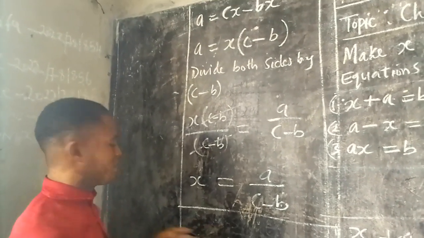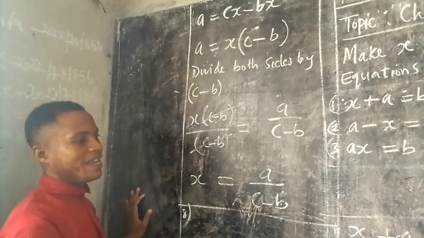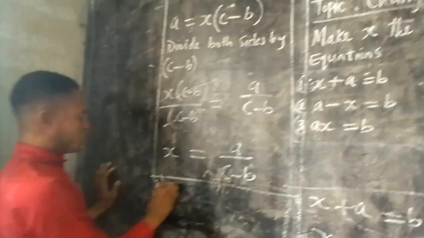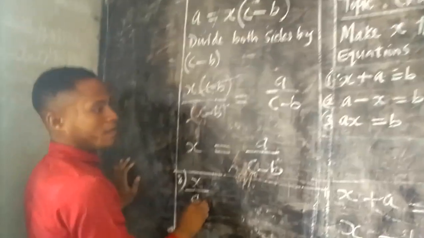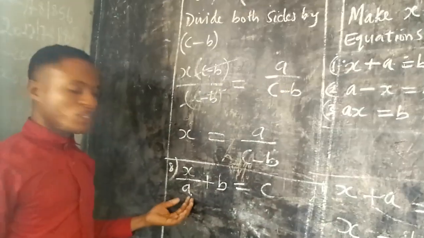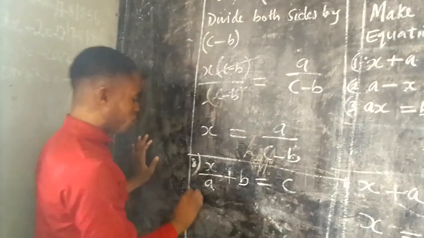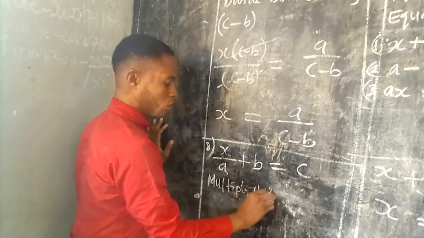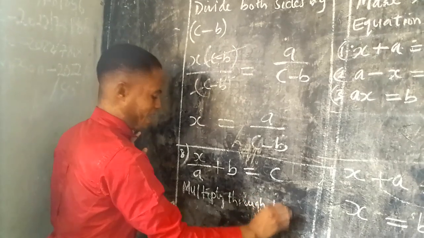So the next one is number 8. Number 8 we have x over a plus b equals c. So the denominator is a. We can say multiply through by a.